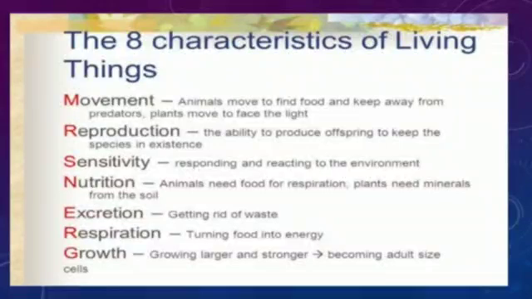Now reproduction. It is the ability to produce offspring to keep the species in existence. As I told you, the mode of reproduction may be different in different animals or different plants, because some animals reproduce their young ones through eggs, some animals give birth to the young ones, and plants also differ in their mode of reproduction.